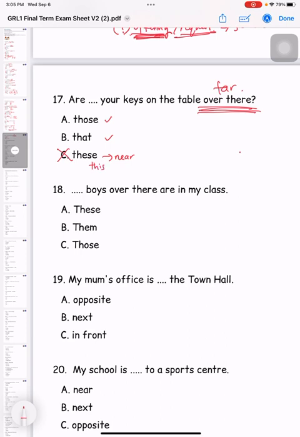Now those and that, we have to look whether it's plural or singular, because those is for plural. That is for singular, right? So look at this. Keys. So whether it's singular or plural? Plural. So that's why our answer should be A.